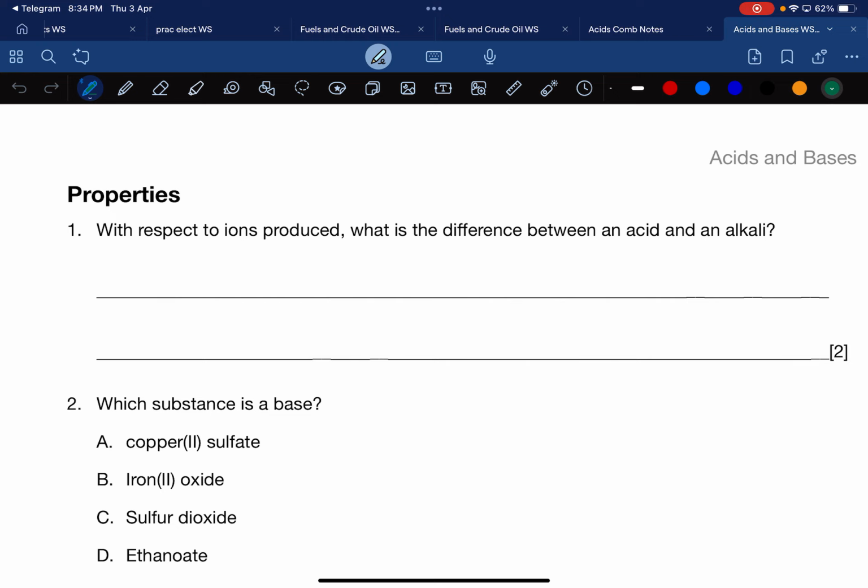So this is the answer. They say difference, right? Yeah, so one form here, put the other form here. Oh, there's a difference here.